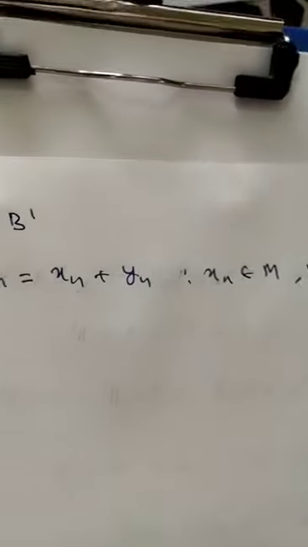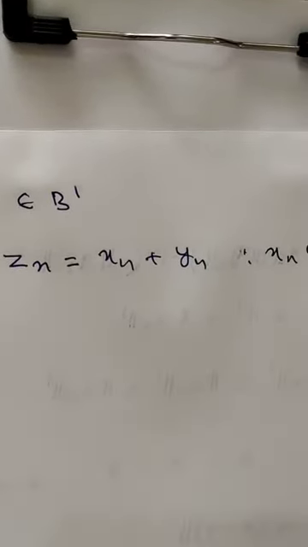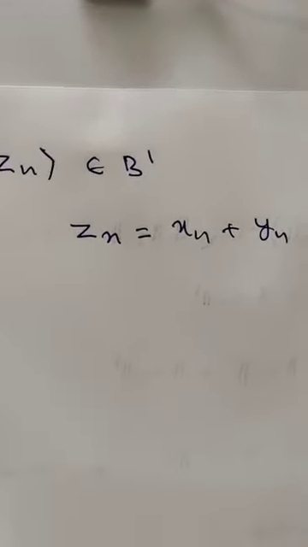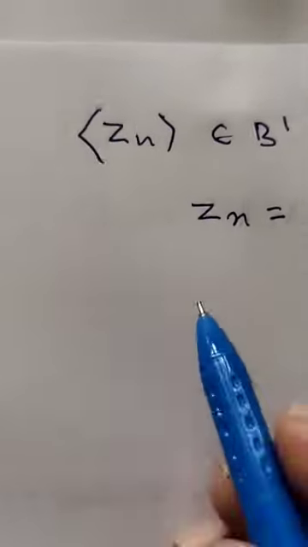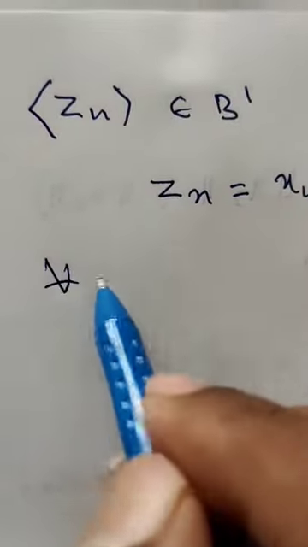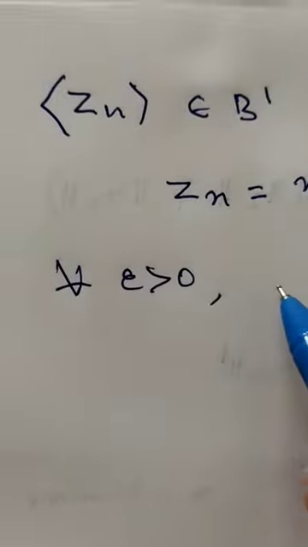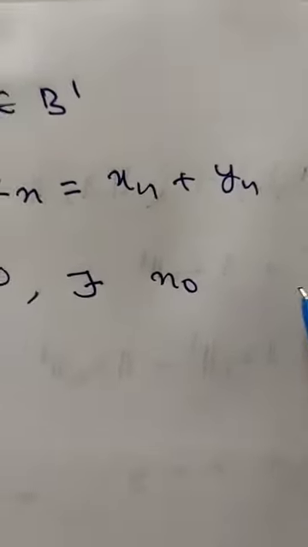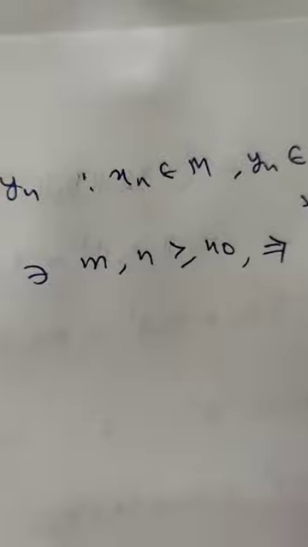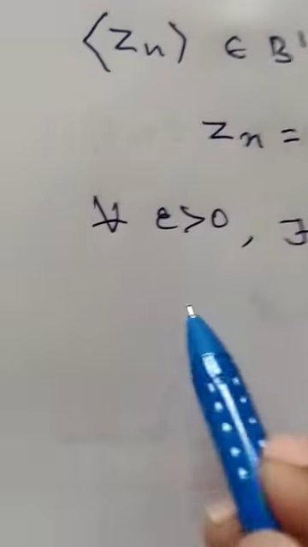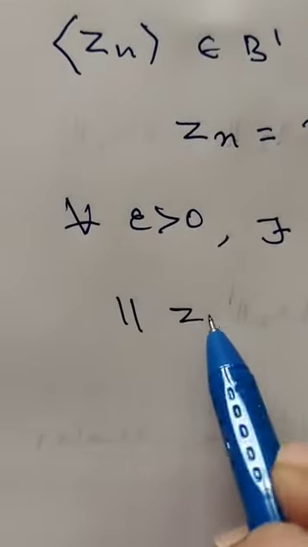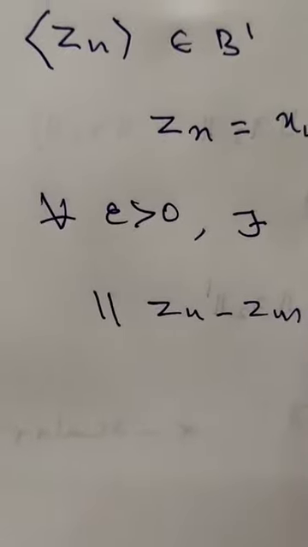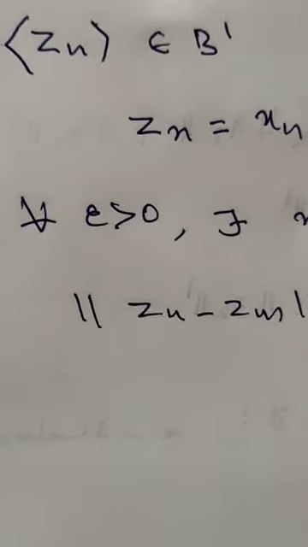This holds, right? So now, by the definition of a Cauchy sequence, what will happen? For each epsilon positive, there exists a positive integer n naught such that m, n greater than or equal to n naught implies the norm of Zn minus Zm is less than epsilon.